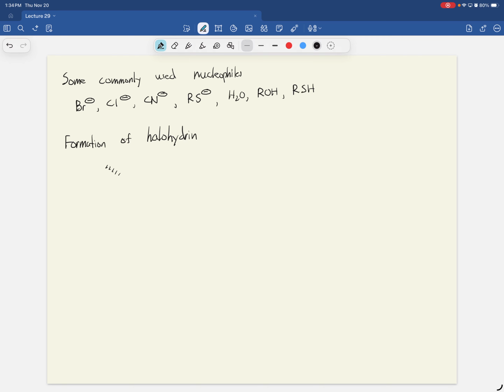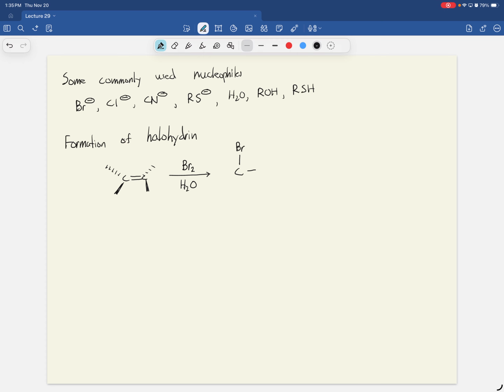So that's why we call it formation of halohydrin. All right. So mechanism, very similar to just with bromine, except water is your nucleophile now. And it adds in a trans fashion.